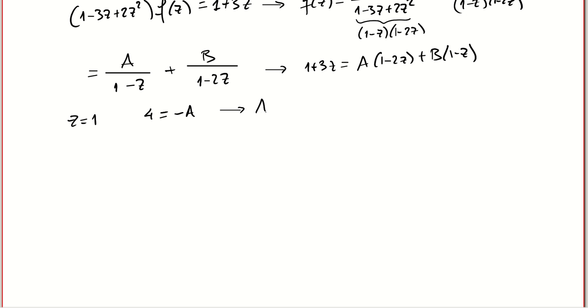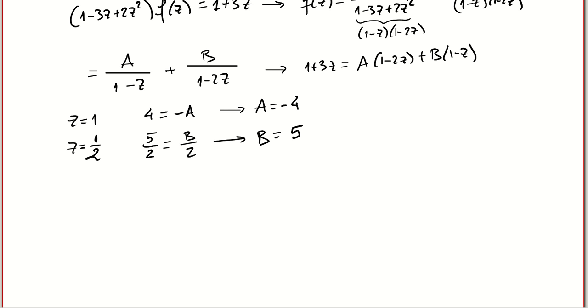So a is minus 4. And if we take z equal to 1/2, then this is the factor that cancels. So we have 1 plus 3/2, which is 5/2, that is equal to 1 minus 1/2 is 1/2, so b/2. And that is b equal to 5.